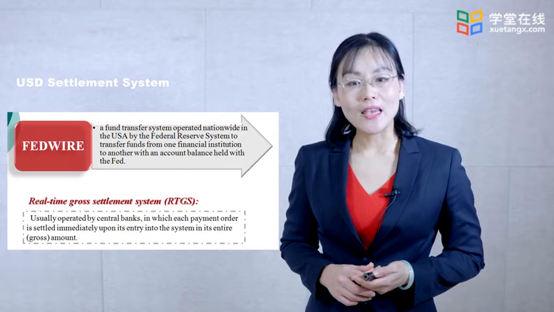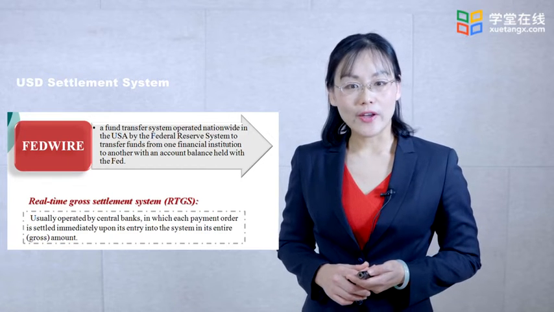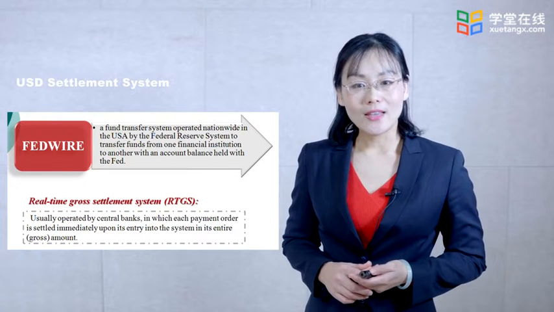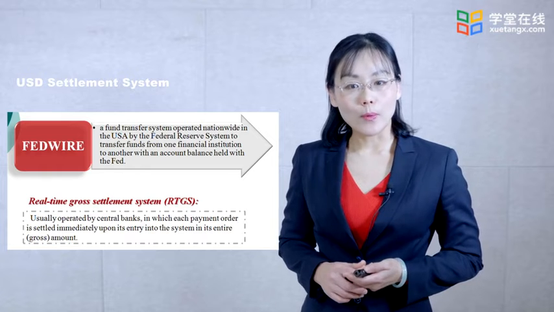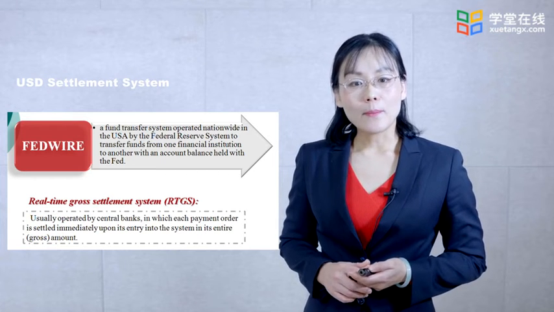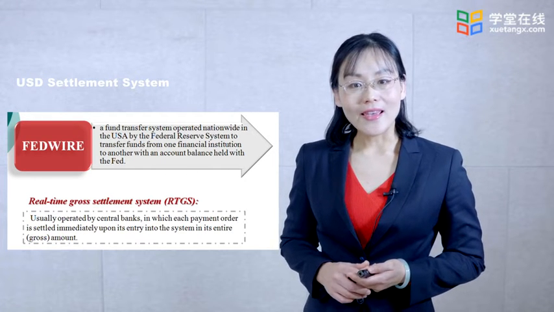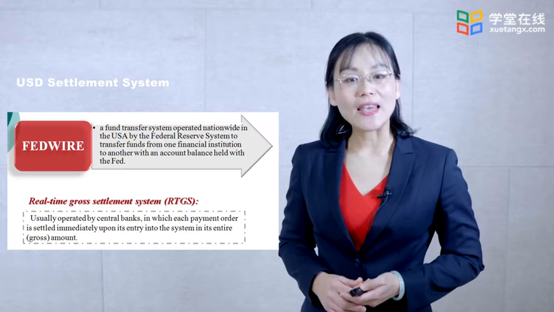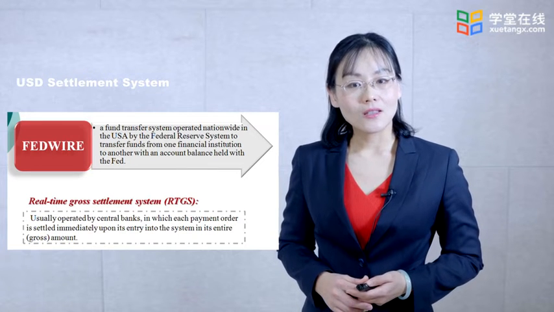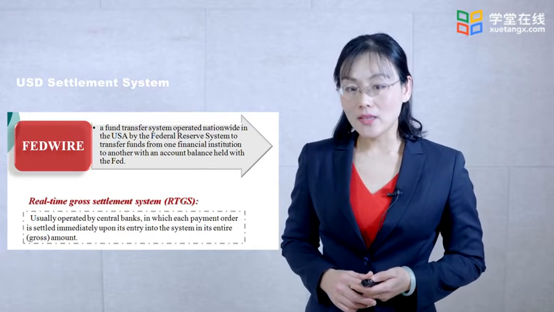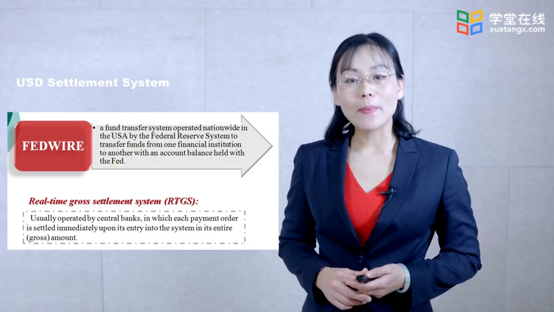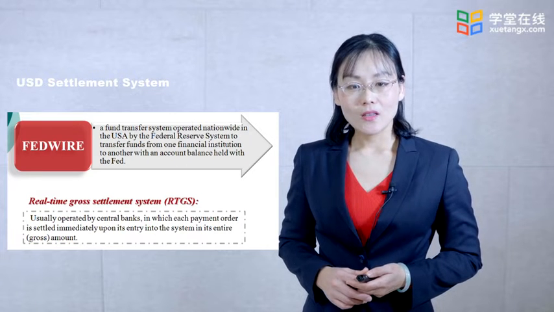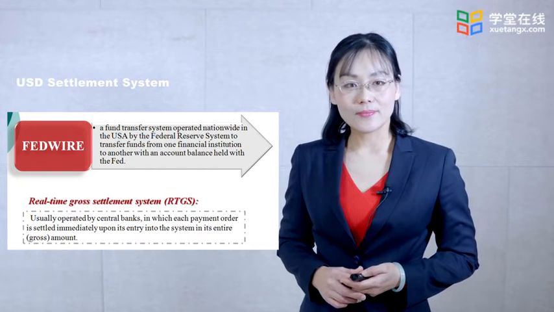Payment to the payee bank over Fedwire is final and irrevocable when the amount of the payment order is credited to the payee bank's account, or when the payment order is sent to the payee bank, whichever is earlier.